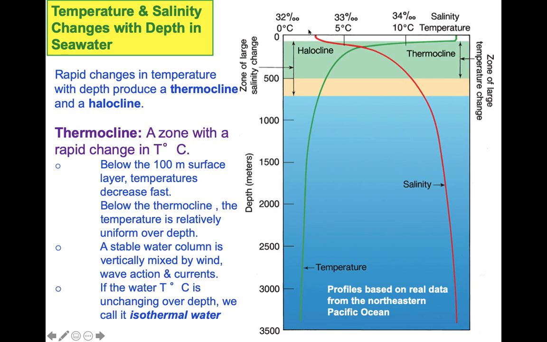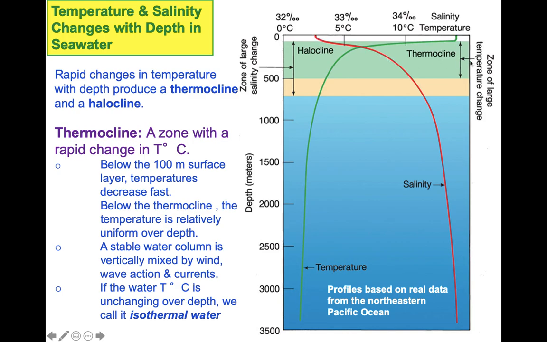On the horizontal axis below, you see the temperatures rising from 0 degrees on the left to over 10 degrees Celsius, shown by this green curve, and the salinity, given by 32 per thousand on the left to 34 per thousand and higher on top, is shown here by the red curve.